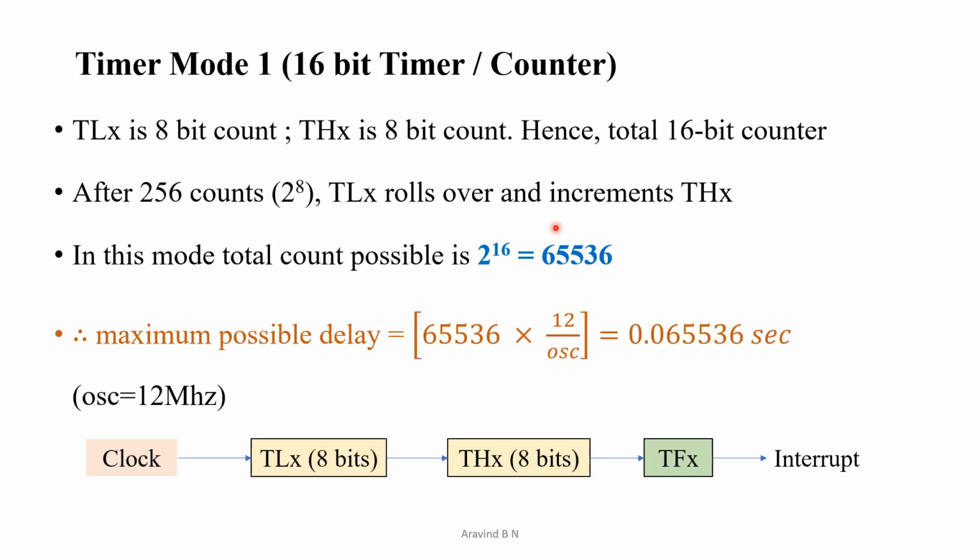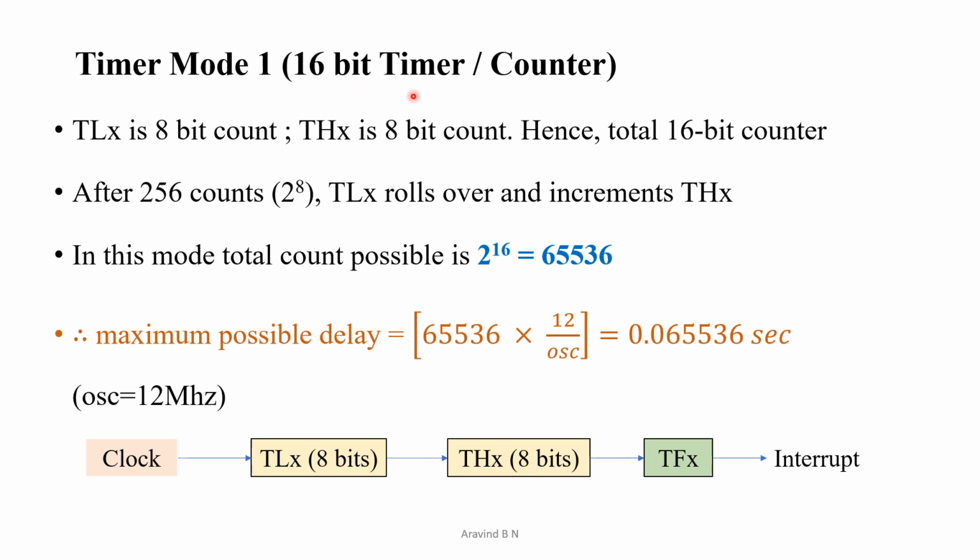Now let us get into timer mode 1. This diagram is more or less common in all the timer modes, so let us first go through this. In timer mode 1, it acts like a 16-bit timer or counter. That means both TL as well as TH, all the bits are considered, so it acts like a complete 16-bit timer.